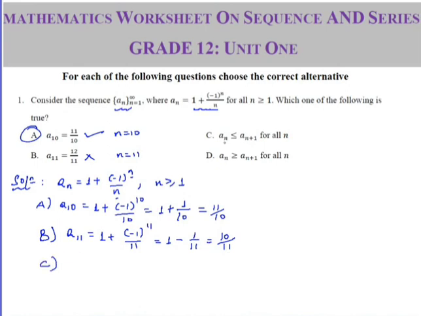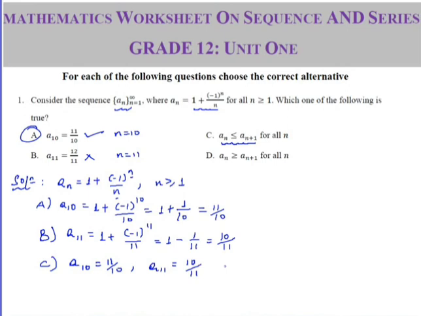So coming to C: the nth term is less than or equal to the n plus 1th term for all n. To show that this is false, what is enough to show? Knowing the ones in A and B is enough. In A we have a10, which is 11 over 10. In B we have a11, the 11th term, which is 10 over 11.